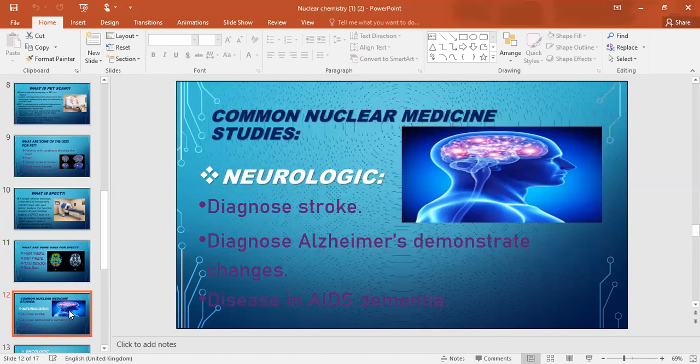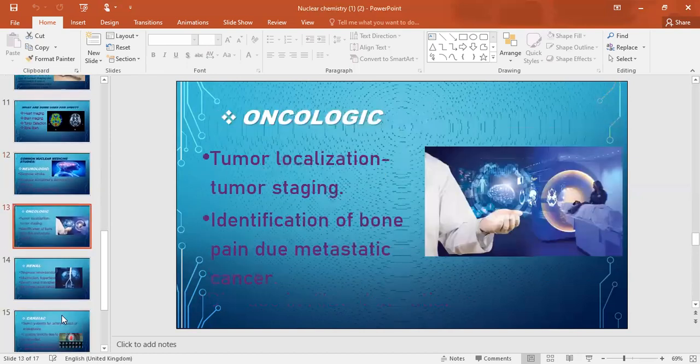Common nuclear medicine studies. Neurological: it helps in diagnosing stroke, diagnosing Alzheimer's, and demonstrating changes and disease in AIDS and dementia. Oncologic: tumor localization, tumor staging, for example the birth stage of a tumor, and identification of bone pain due to metastatic cancer.